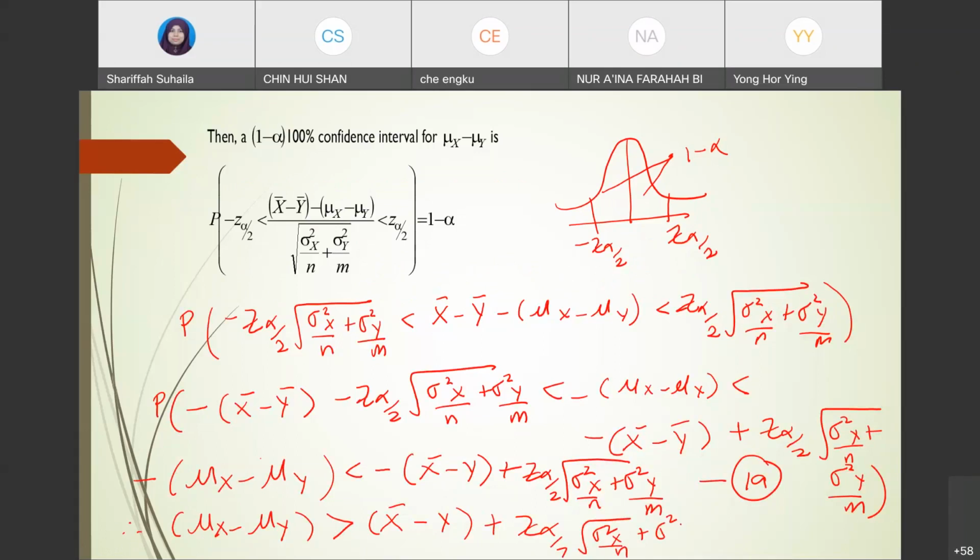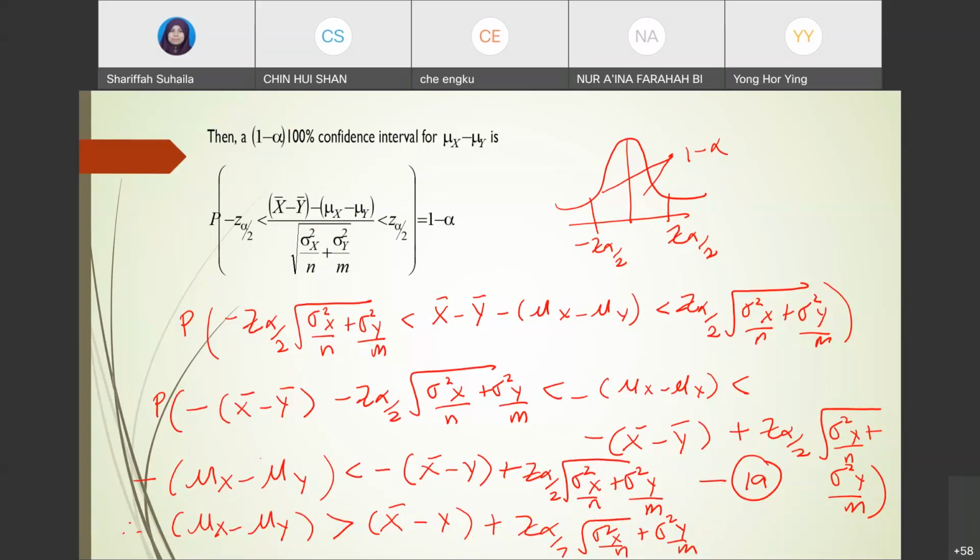N plus sigma square y. Okay, kau betul ke lah ya? Let's see saya dulu. Okay, so ini kamu cancel out kan dia punya negatif dia. Kan? Negatif mu x minus mu y less than z alpha over 2. Okay. So bring to the left and also the right lah.